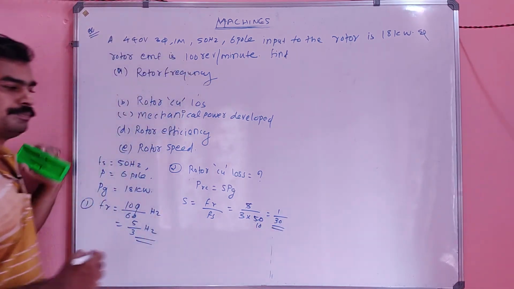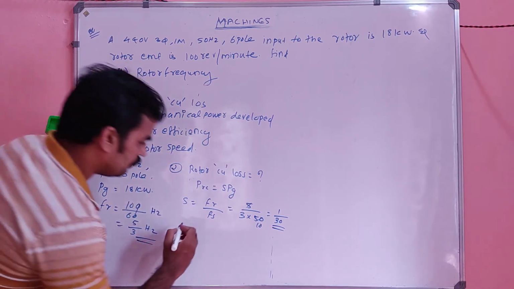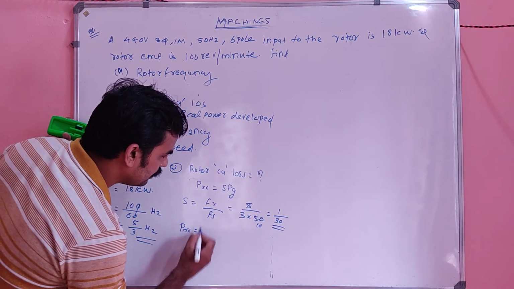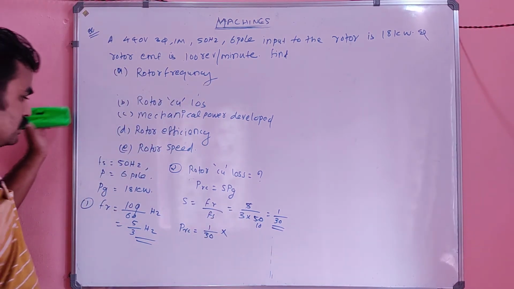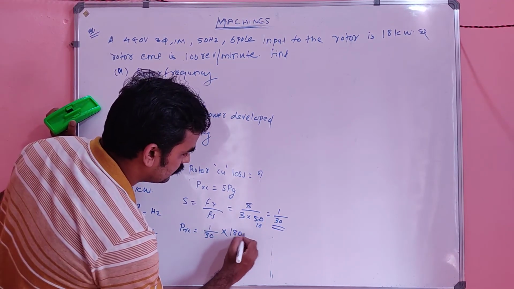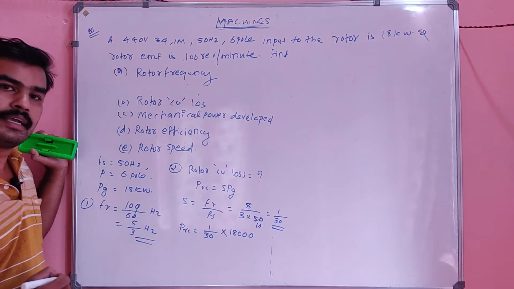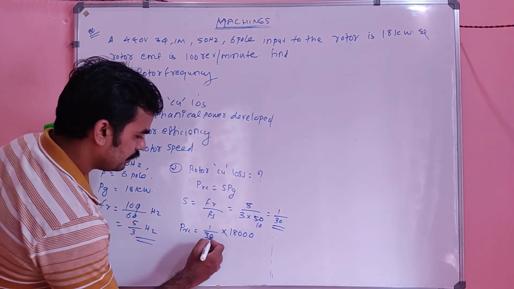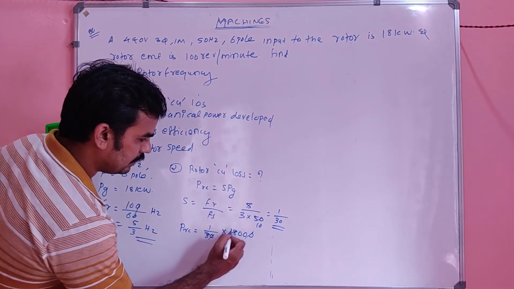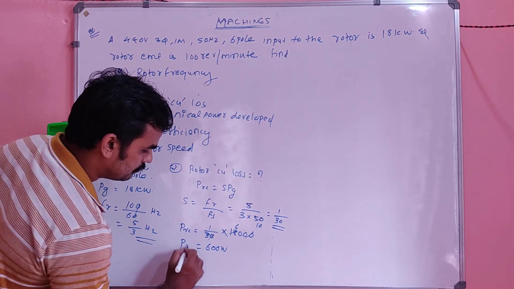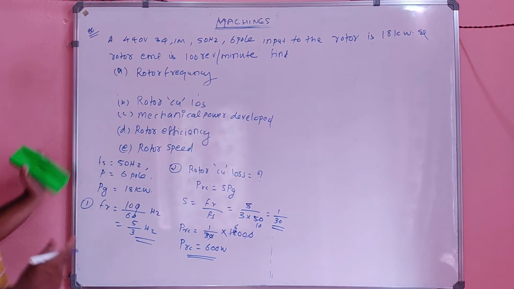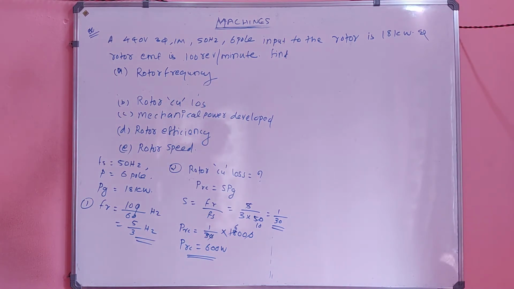That is the slip. So PRC will be equal to 1 by 30 into Pg, which is 18 kilowatt, that is 18,000 watt. The zeros cancel, 3 and 6, so it will be 600 watt. That is the answer for PRC.